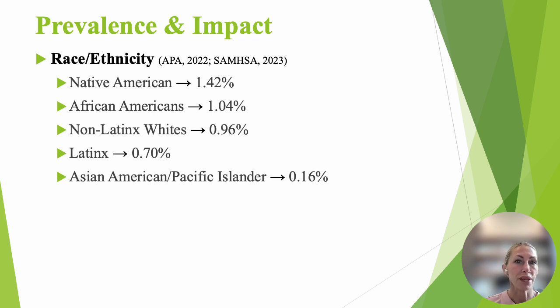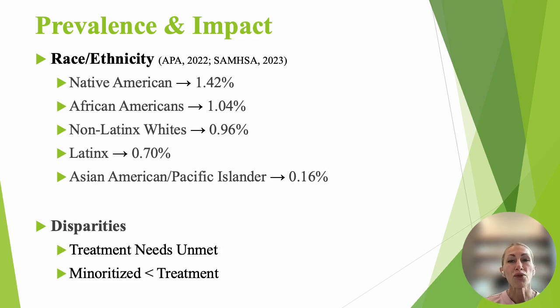However, prevalence is only part of the issue. Access to treatment is another major concern. In 2022, 4% of the US population required treatment for OUD. Yet only 25% of those individuals receive medication-assisted treatment, and 30% receive treatment without medications.